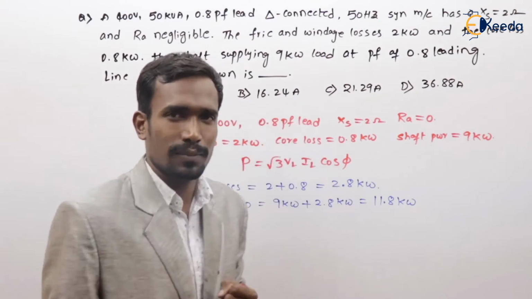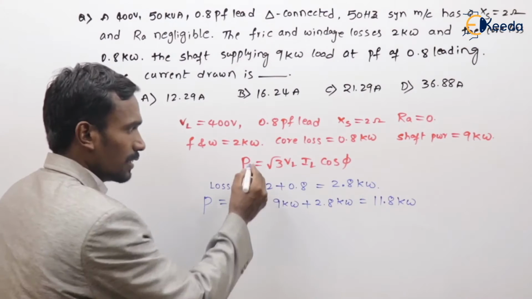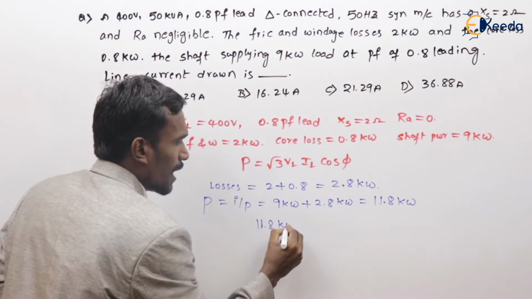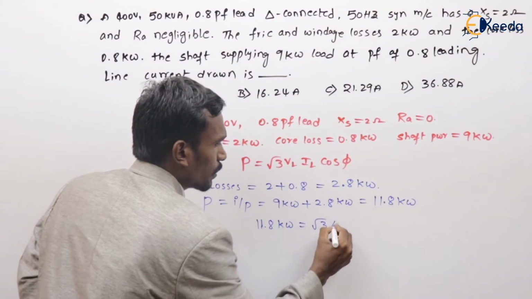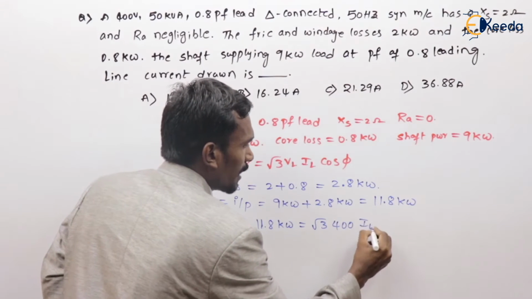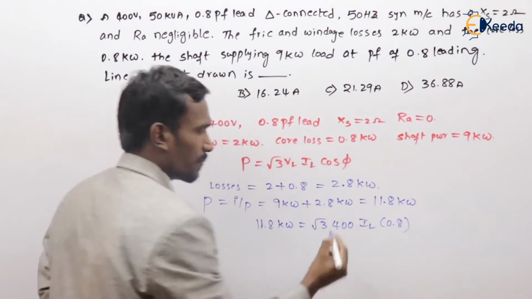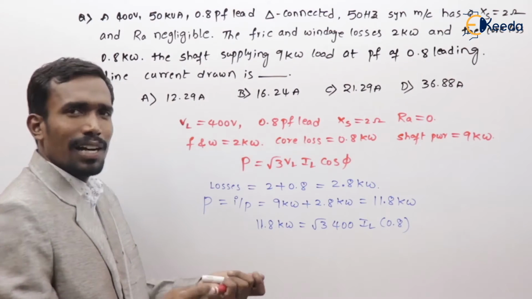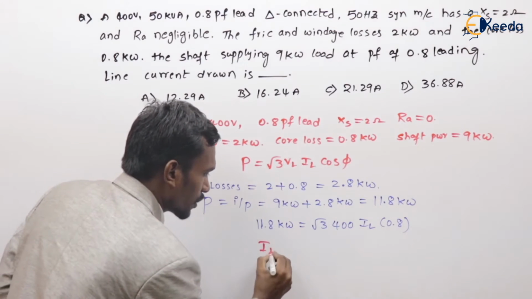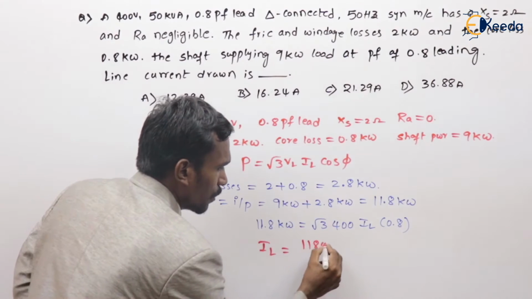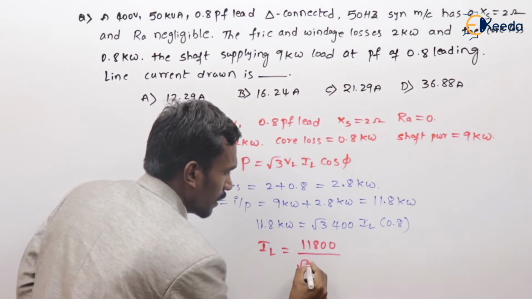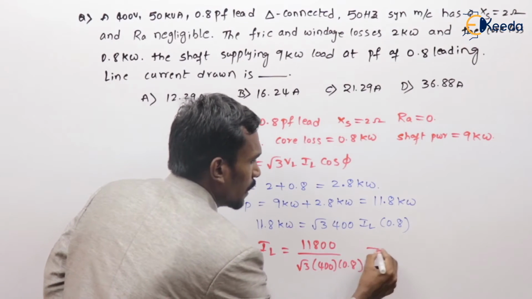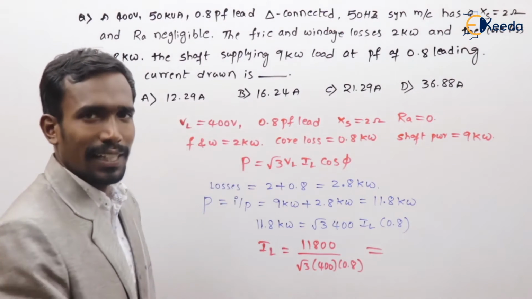11.8 kilowatts. Now tell me the line current. Substitute here: 11.8 kilowatts is equal to root 3 VL IL cos phi. So what is the answer? IL is equal to 11,800 by root 3 times 400 times 0.8.